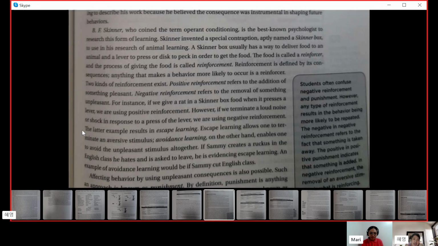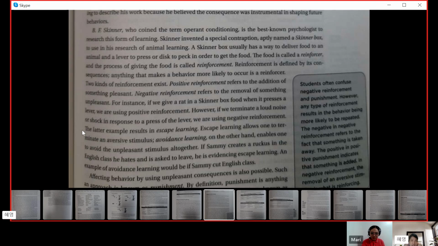The latter example results in escape learning. Escape learning allows one to terminate an aversive stimulus, and avoidance learning, on the other hand, enables one to avoid the unpleasant stimulus altogether.